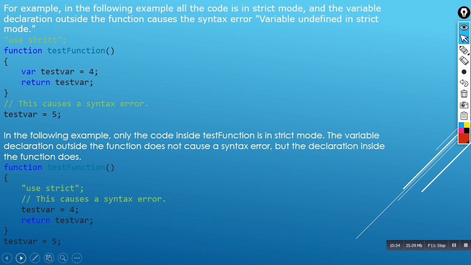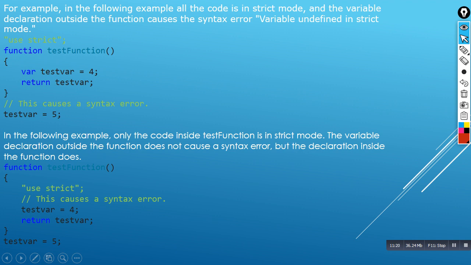So if you create a function and just above it you write the use strict keyword, and inside that you write var test4, return test4, and if you write test equal to 5 without using the var keyword, this is an invalid declaration of a variable, and you have already used the use strict keyword.